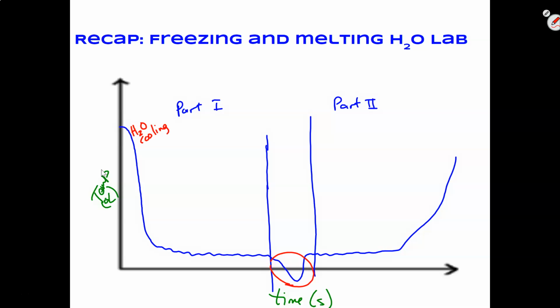As it was cooling, the temperature decreased quickly right here, and then we ended up with a plateau that was sort of jagged. This means heat was leaving during that part, the test tube, and we had a change in temperature.